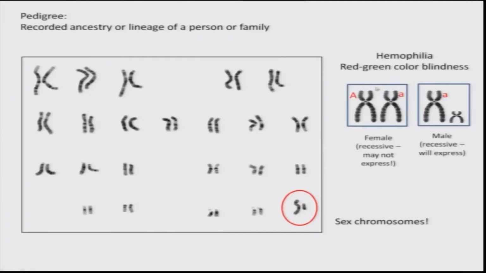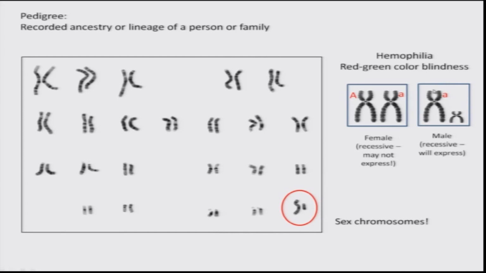In case of female, you may have one X chromosome which has the normal wild type allele, the other having the mutant allele, and the female may not express the phenotype because she carries a normal allele there. But in case of male, because you have only one X chromosome, if that X chromosome carries the mutant allele, invariably the male would express the phenotype even if only one allele is present, right.